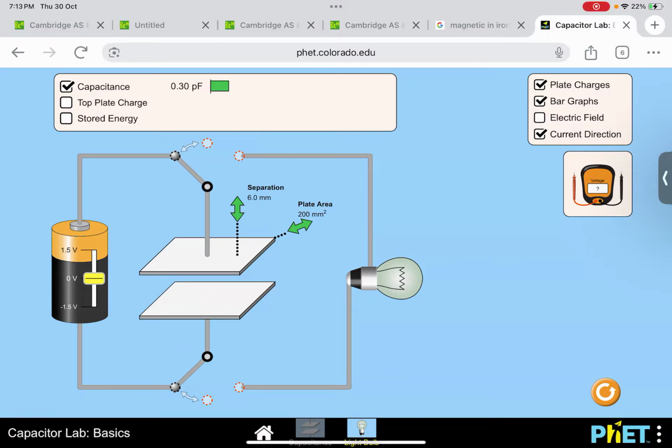I have the parallel plates, and if I start charging, you can see the direction of electron flow and the direction of charging, right? Okay, is that clear? Can you see it? Yes.